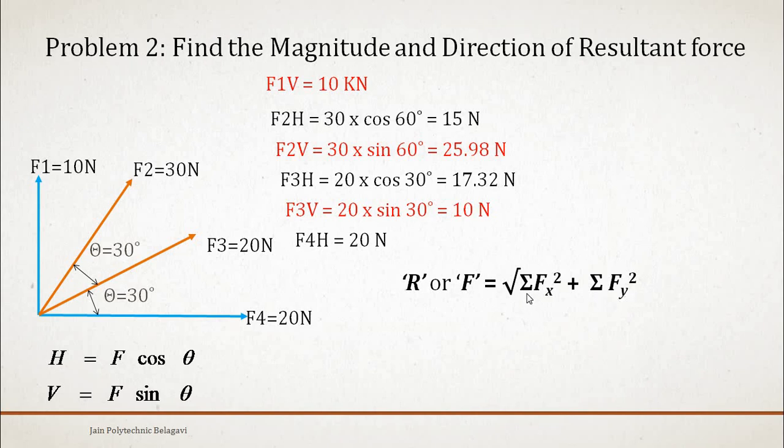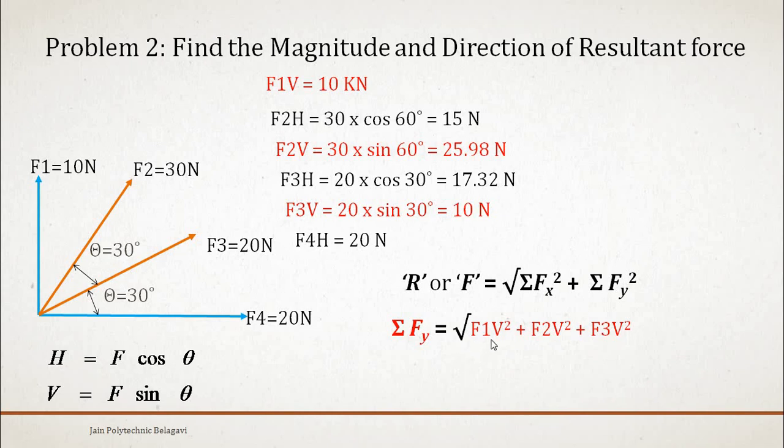That is why it is summation Fx square plus summation Fy square. Now put the values of all horizontal and vertical components. First we will find the summation of forces acting in the y direction, or vertical direction.